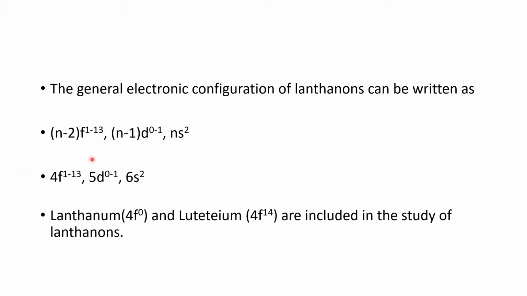For the lanthanons, the outermost shell is the 6th shell and the s orbital gets occupied. The (n-1) level, that is the 5d level, can get occupied by 0 to 1 electrons, and the (n-2)f, that is the 4f level, can have 1 to 14 electrons.